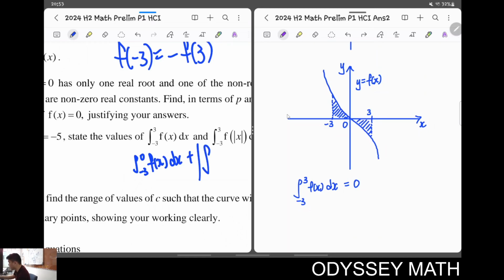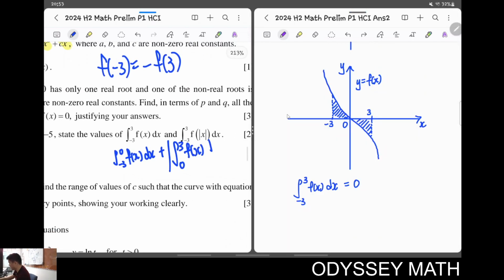Since you're in JC now, last time I never do this, right? I put the minus in front. Yeah, this is how you do. You split the two intervals. But we're not finding area here. I want the definite integral, which I told you before is not always the area, remember? The definite integral itself is not always the area, depending on how the curve looks like. Sure?